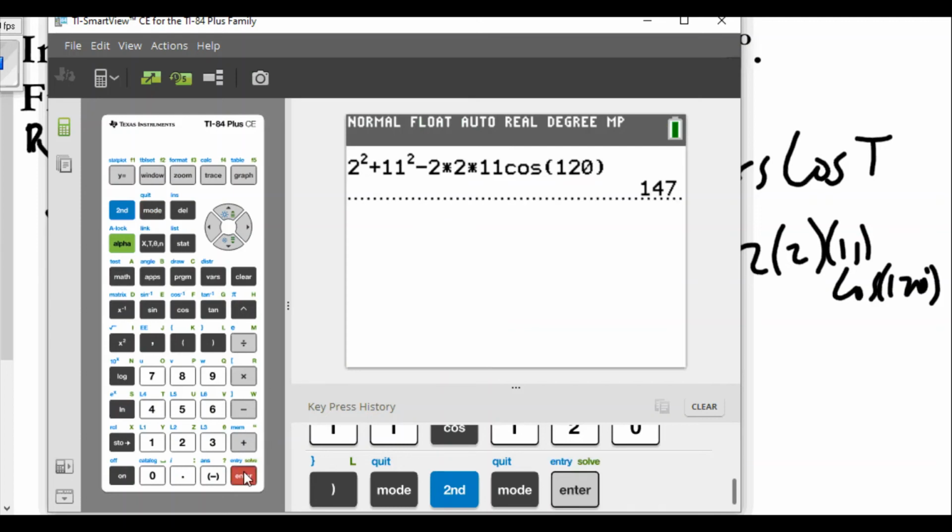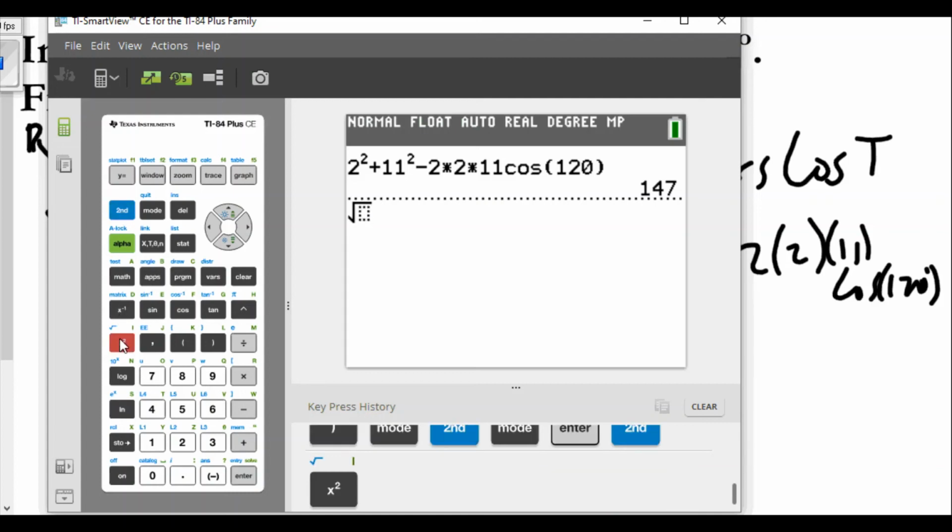So now I hit enter. I get 147. All right, so now I'm going to take the square root of 147. So second, x squared, so square root. Now I can type in 147.